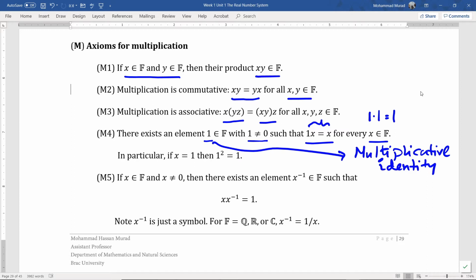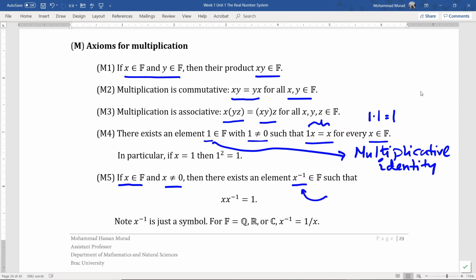The next axiom for multiplication, M5. If x is in F and x is not the additive identity element, then there exists an element denoted by this symbol, which we may read as x inverse, in F such that x times x inverse equals 1.